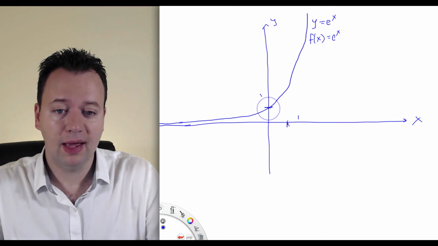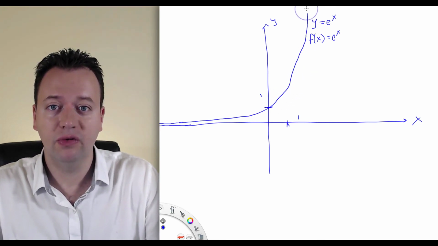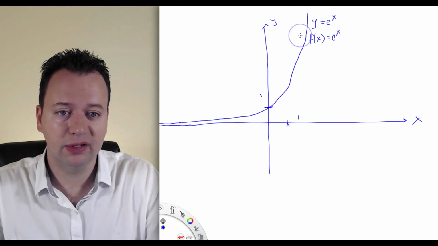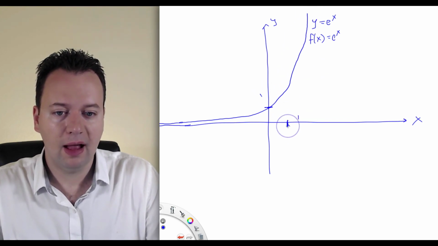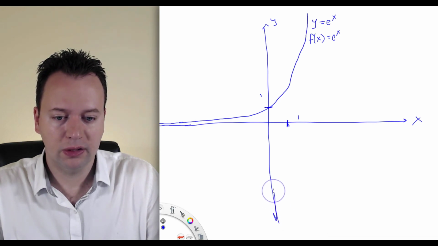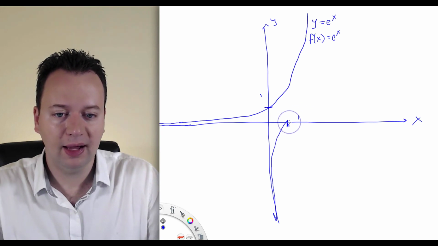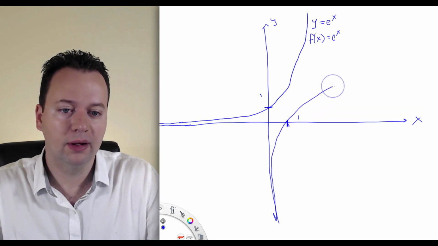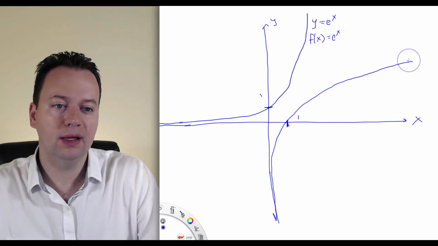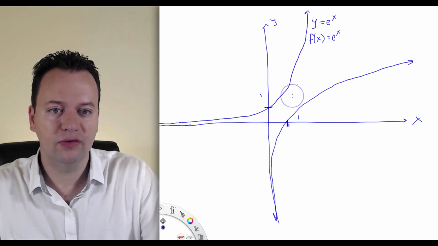And it hits y is equal to 1 when x is equal to 0, then it goes up to infinity as x goes to infinity, so it grows exponentially. Now, ln of x, on the other hand, starts down here, very close to the y-axis, passes through x is equal to 1 at y is equal to 0, and then grows indefinitely, but slower and slower, just like e to the x is growing faster and faster.